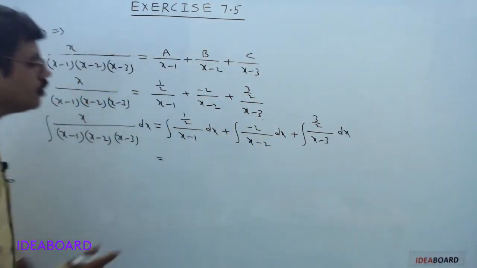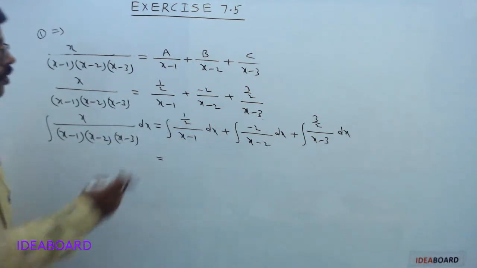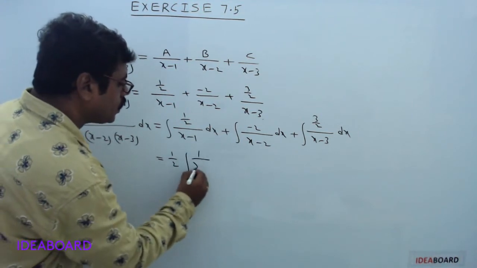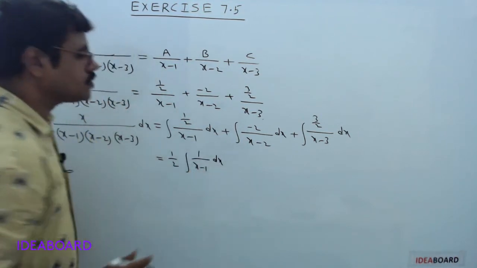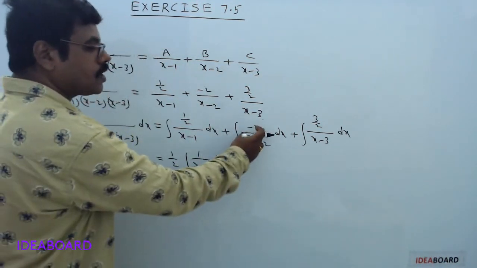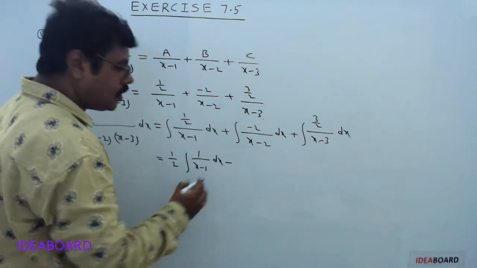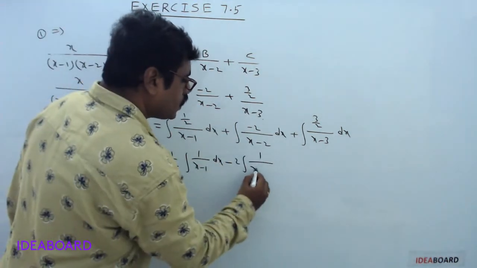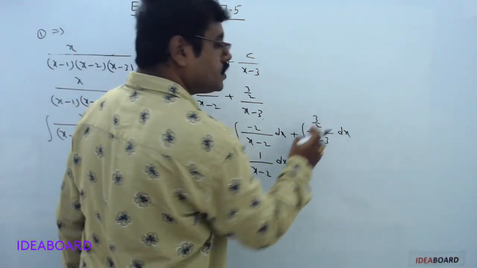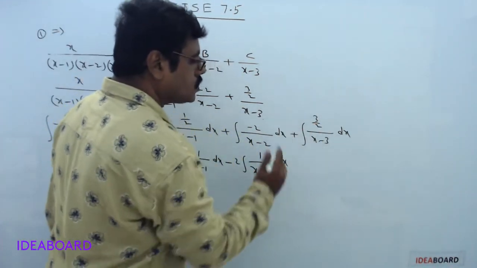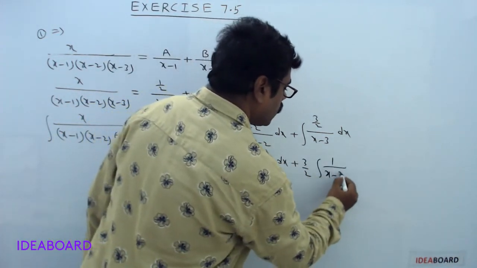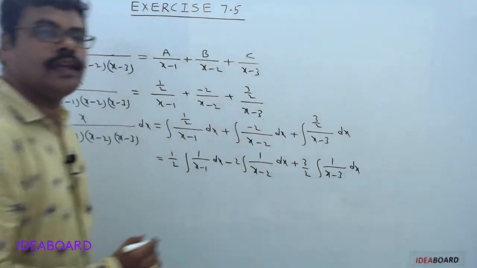Now 1 by 2 is a constant term, you can write it outside of the integral: 1 by 2 into integral 1 by x minus 1 dx. Minus 2 is a constant term, you can write it outside: minus 2 into integral 1 by x minus 2 dx. 3 by 2 is a constant term, you can write it outside: 3 by 2 into integral 1 divided by x minus 3 dx.